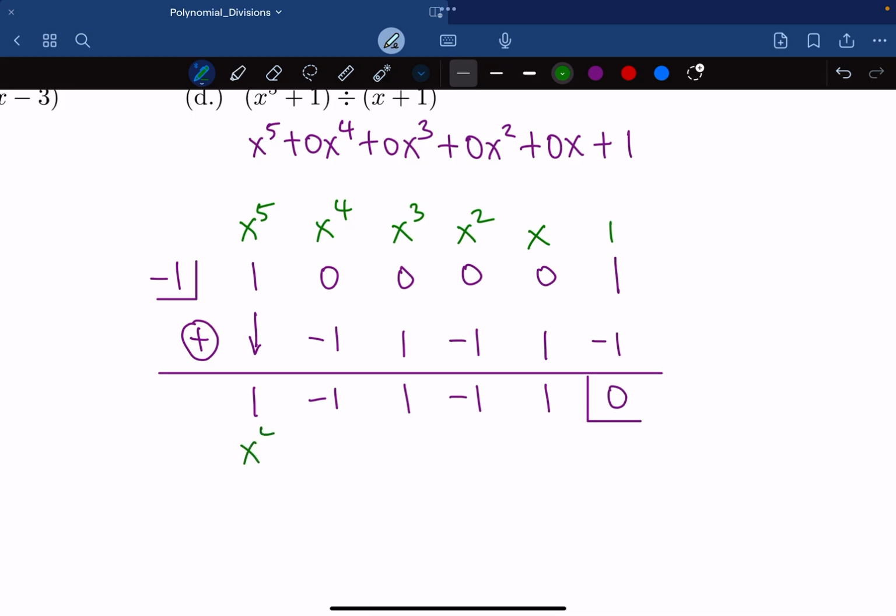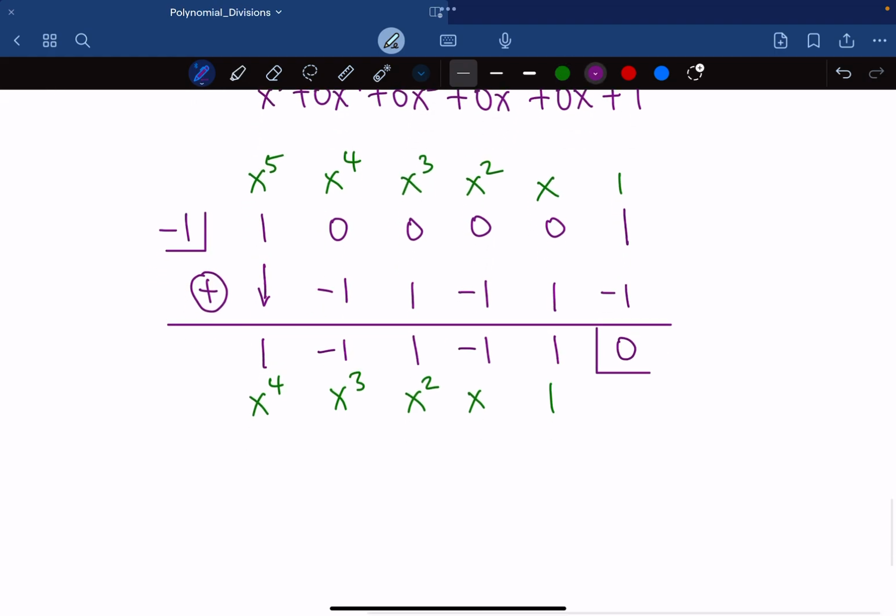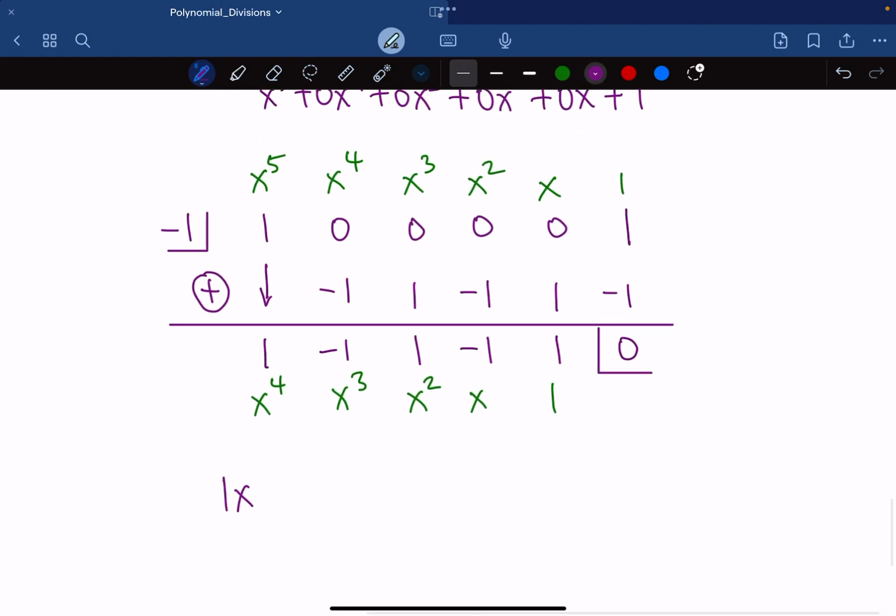So we get x to the 4th, x to the 3rd, x squared, x, and then the constant term. So our final answer for this division is 1x to the 4th minus 1x to the third plus 1x squared minus 1x plus 1.